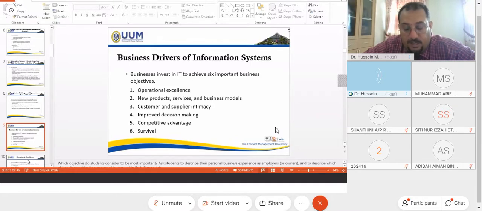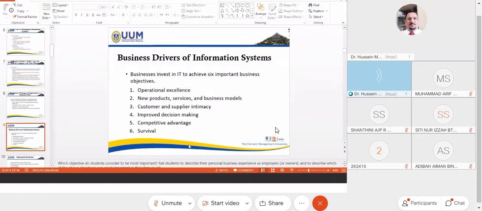Why? Because those companies cannot survive if they don't have information system. Yes, it's like that. So what we have to do here is to understand why companies would like to invest in information system, because they would like to achieve one or more of these objectives.